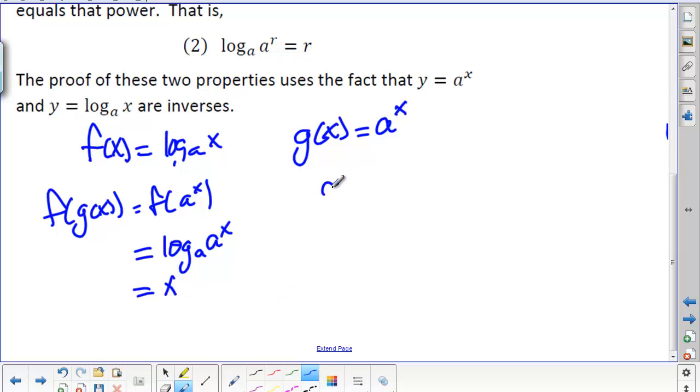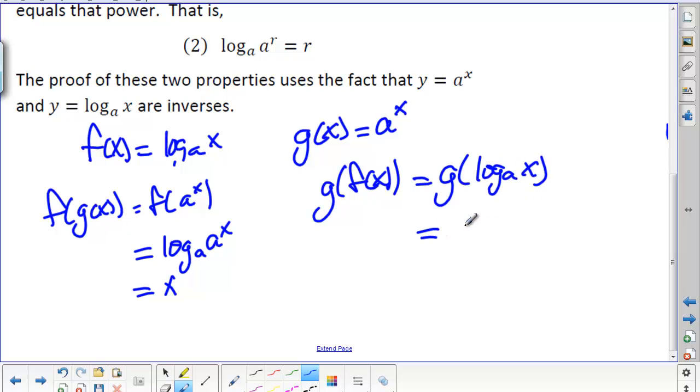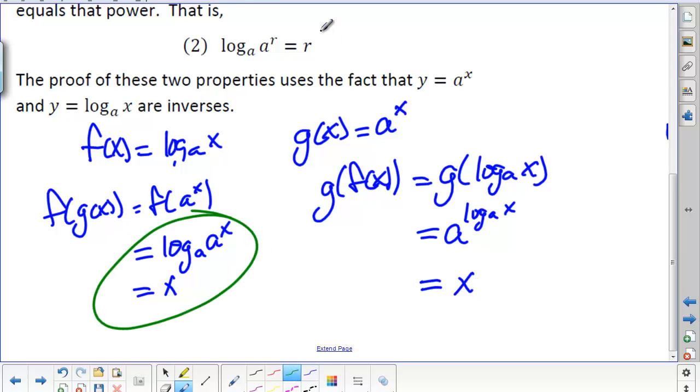And then, if we switch it around, do g of f of x, that's g of log base a of x, which is a raised to the log base a of x power, which again, inverse functions, has to equal x. Now if you compare this with this, instead of r's, use x's. You can see that's basically what that says there.